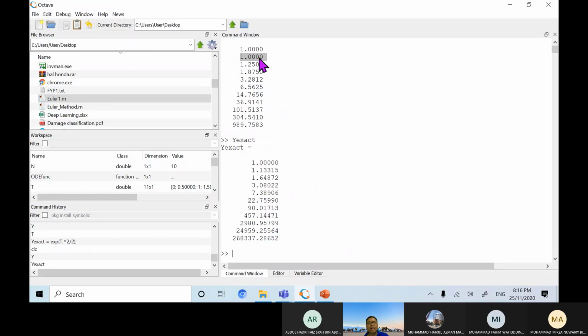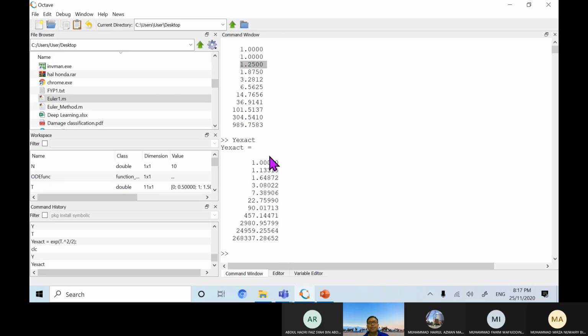Maksudnya estimated ni dia tak dapat accurately get the value. Okay, for the next solution 1.64872, however the Euler method estimated to be 1.25. So maksudnya ada error ni, ada banyak error.